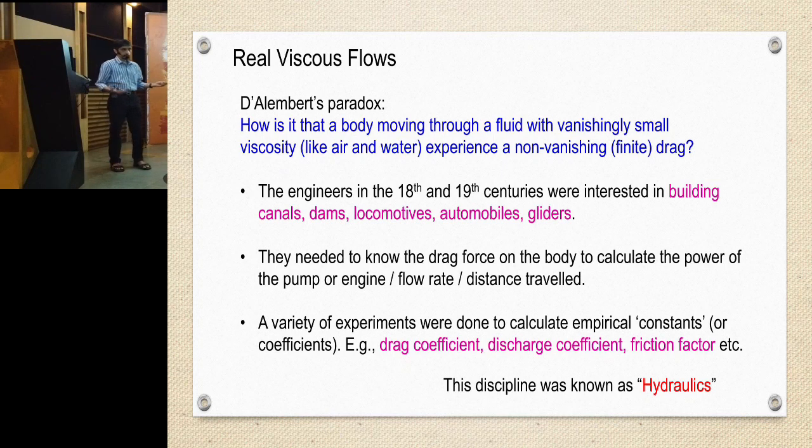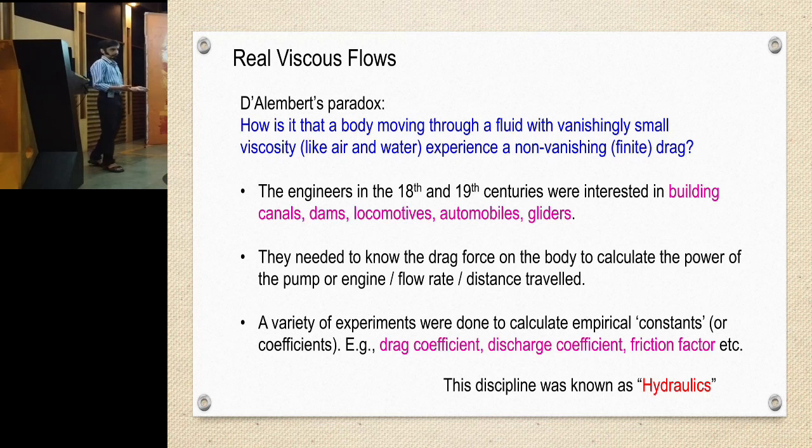But then the potential flow theory was of little use. So what they did, actually, they conducted a variety of experiments or tests for every configuration. And they measured the various empirical constants, or you can call them coefficients, such as drag coefficient, discharge coefficient, friction factor, etc. And this discipline was known as hydraulics.